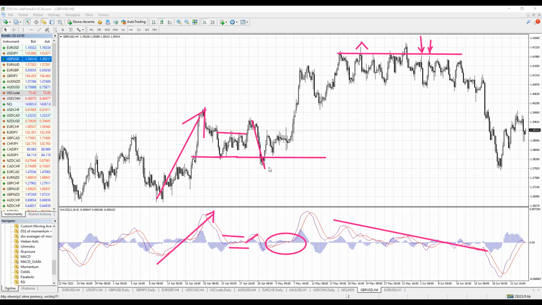That was supposed to be entry over here or over here. So I strongly encourage you to go through to check the different variation to try to work with the price action, watching what is going on the MACD.